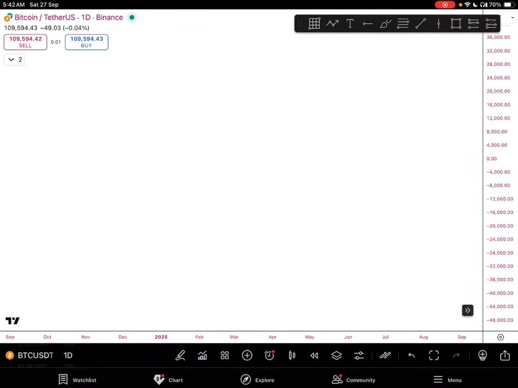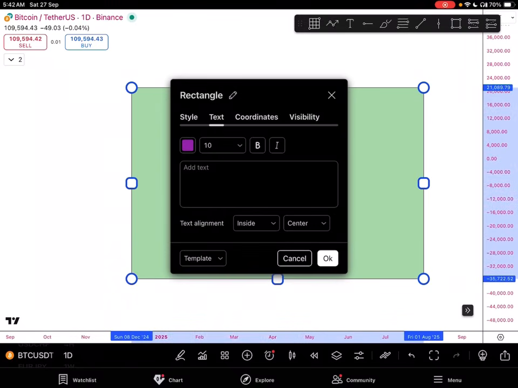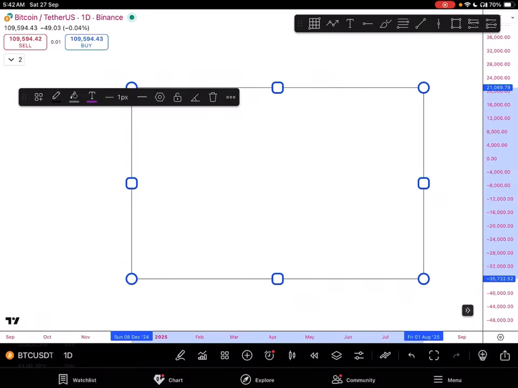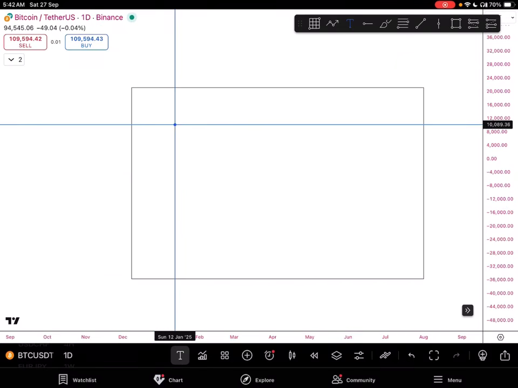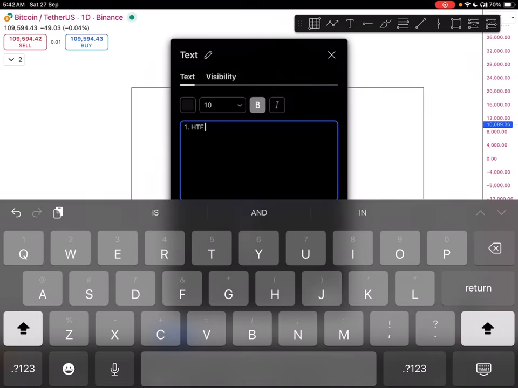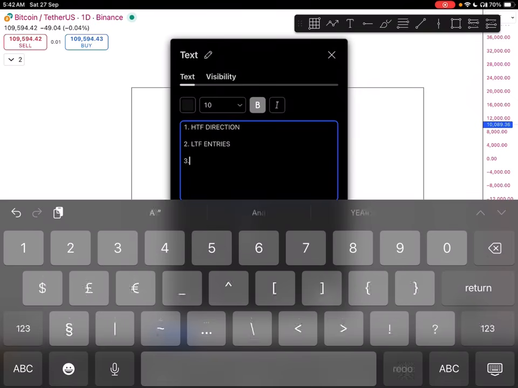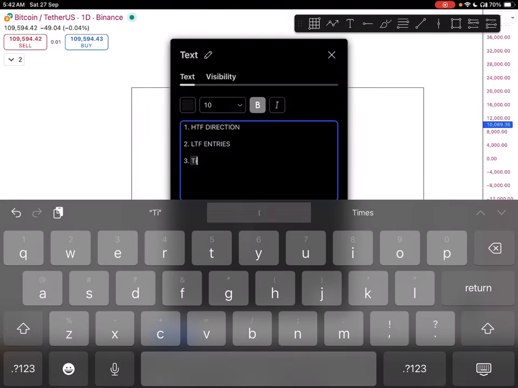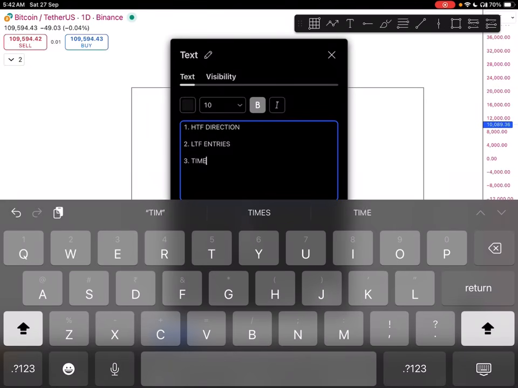Once again, welcome to the session. Let me start from higher time frame direction, and then lower time frame entries, and then time frame alignment.